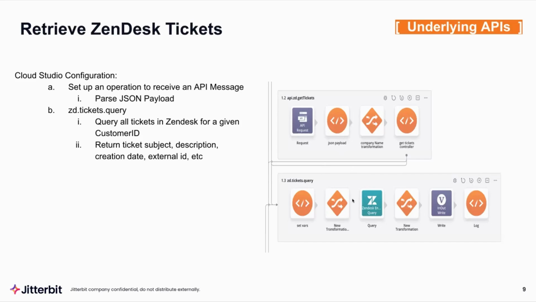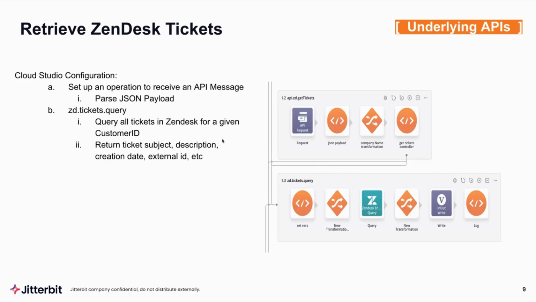The data that we are retrieving will be the ticket, the subject, the description, the creation date, external ID, and so forth. Those are the ones that we're interested in showing. So we are querying those in Zendesk, and then sending that information back to the consumer as part of the API response. All right, so this is the third API.